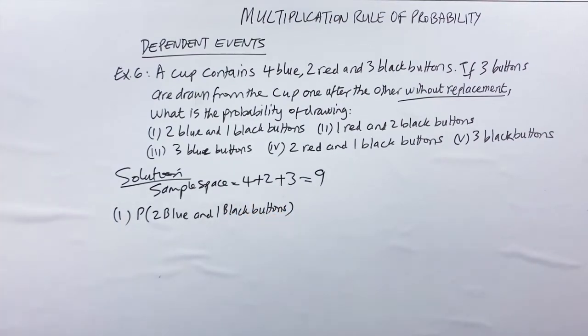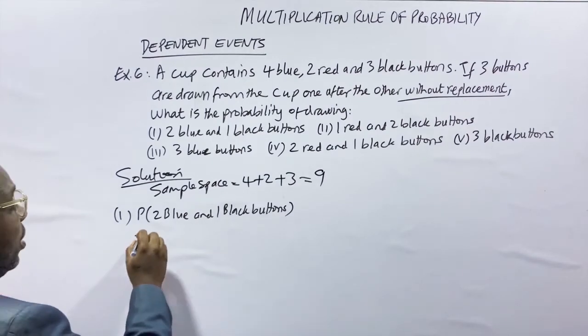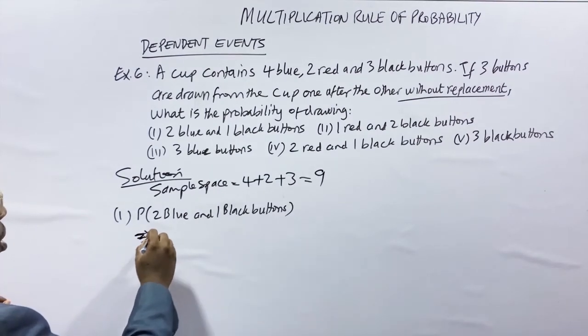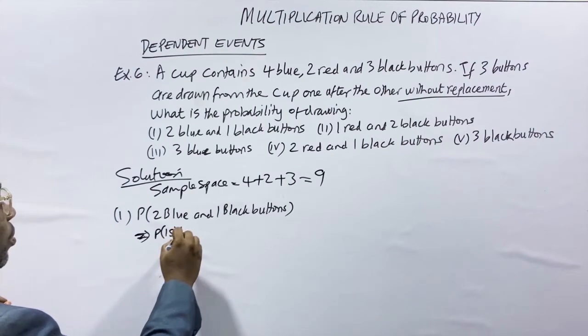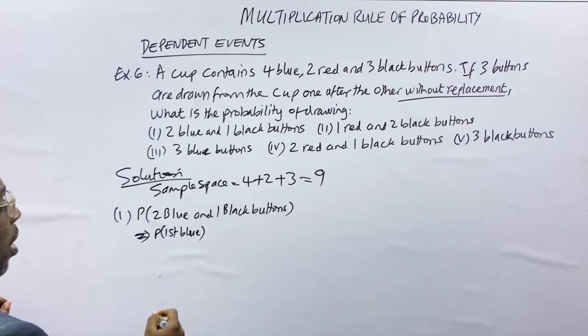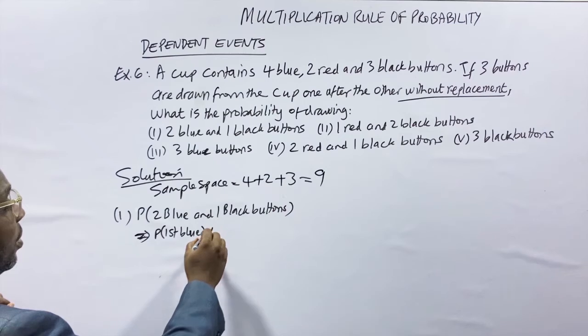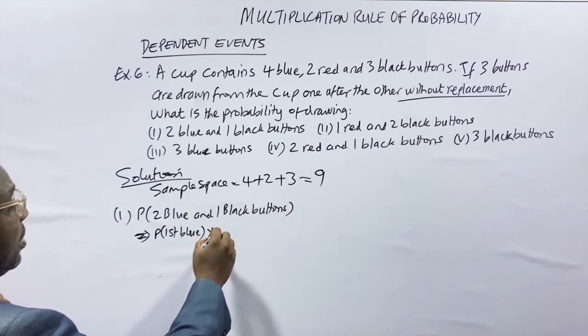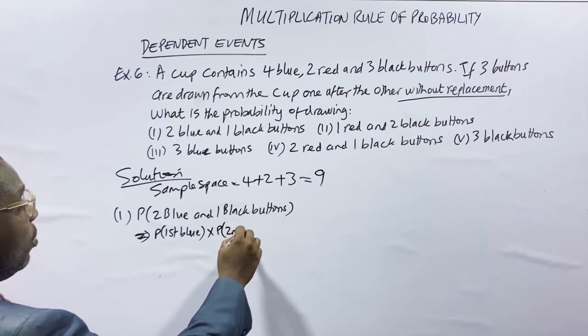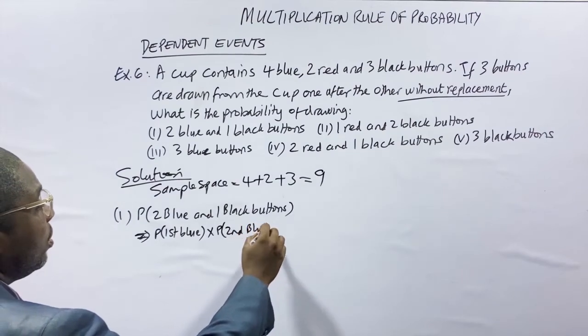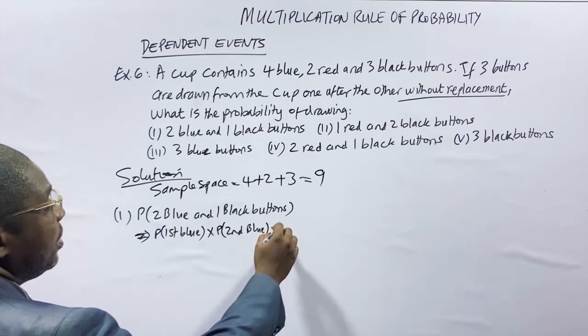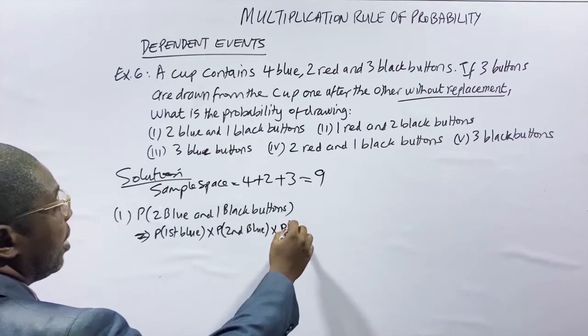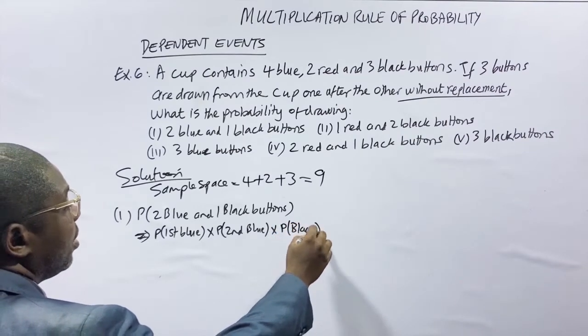So how do we solve this? It's going to be probability of first blue times probability of second blue times probability of taking black.